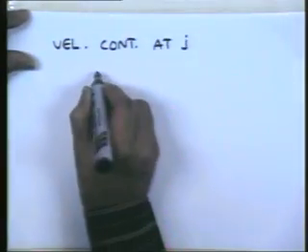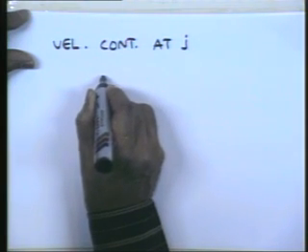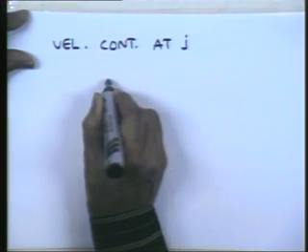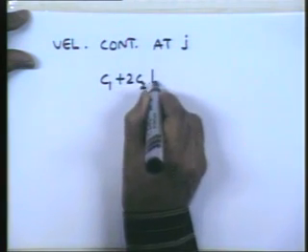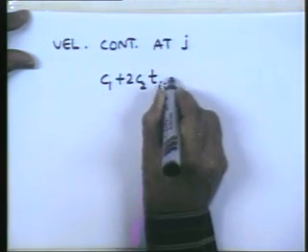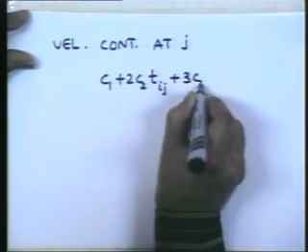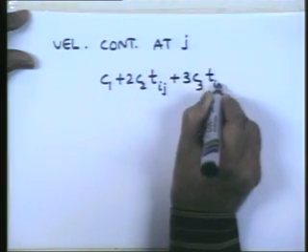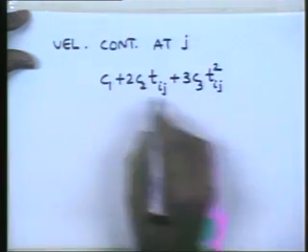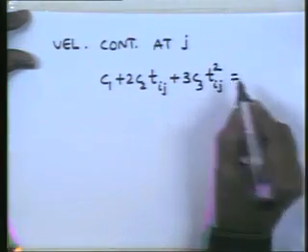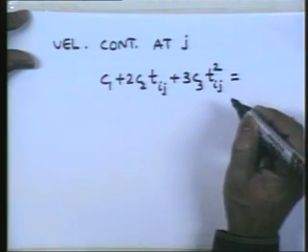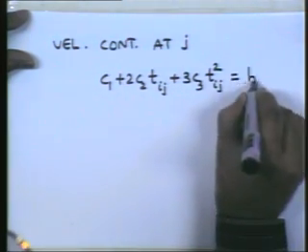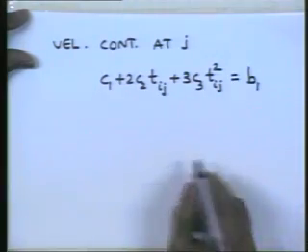So C1 plus 2 C2 Tij plus 3 C3 Tij squared, the velocity coming from the ijth segment, should be equal to the velocity calculated from the jk segment, that is simply B1, because tau is equal to 0 for this segment.